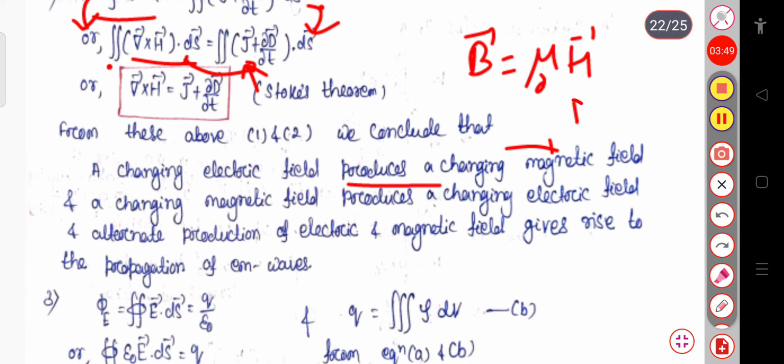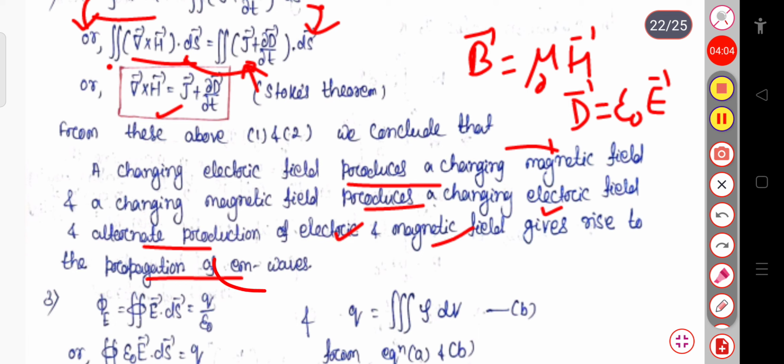And also you know the displacement vector D equals epsilon naught into E. So the changing magnetic field will produce a changing electric field, and the alternating production of electric and magnetic fields gives rise to the propagation of electromagnetic waves. This is the conclusion of Maxwell's first and second equations.